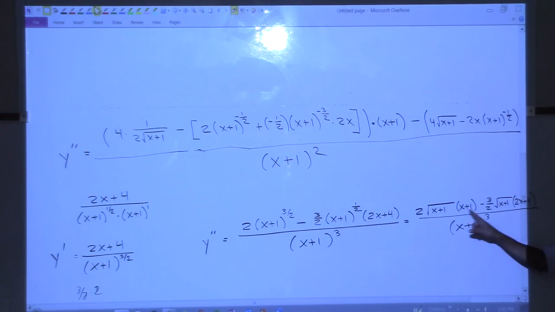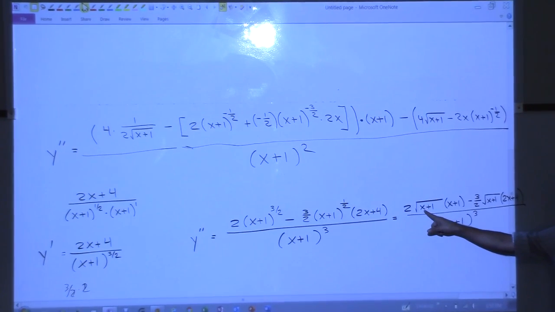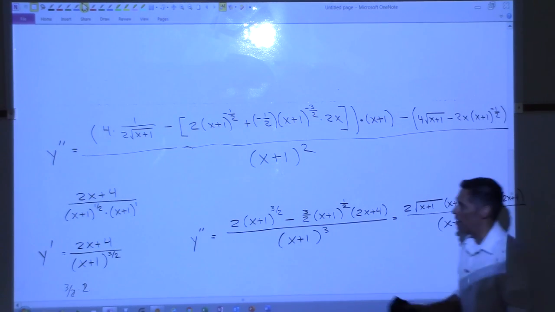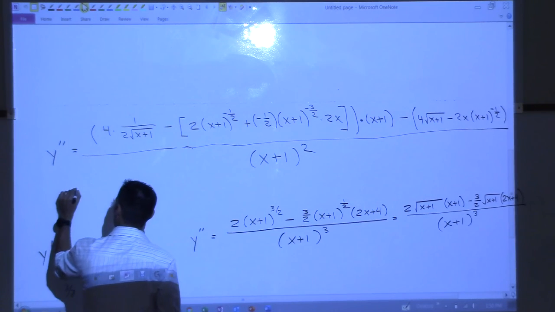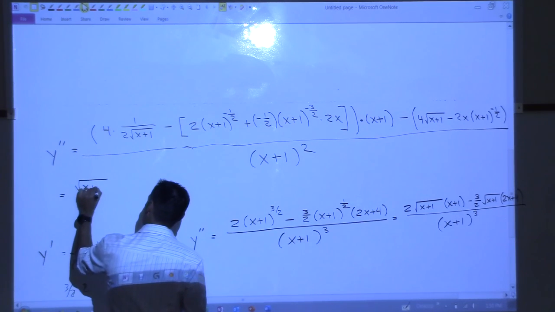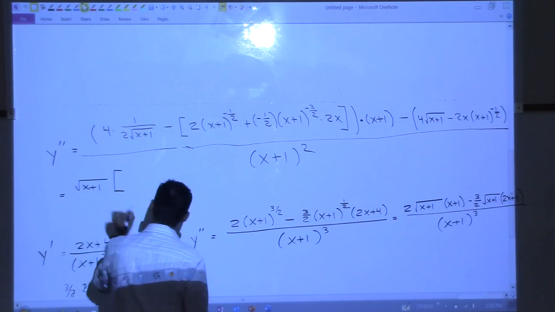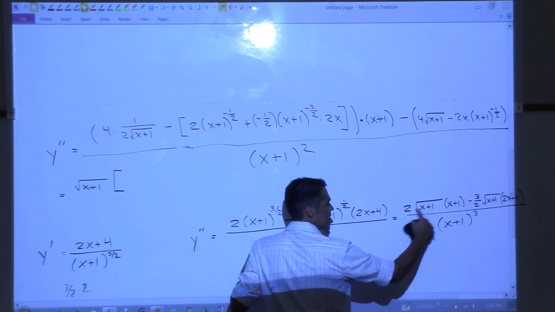Because now these both have a root x plus 1 in them, don't they? And so I can factor that root x plus 1 out. So I'm going to do that now. I'm going to factor that root x plus 1 out. So this is going to be equal to, I'm factoring a root x plus 1 out. I'm going to put a bracket here. So I took this out of this one, right?